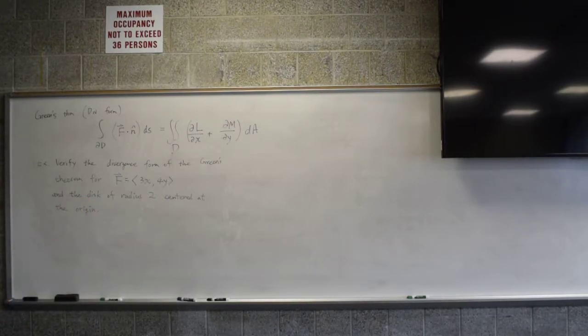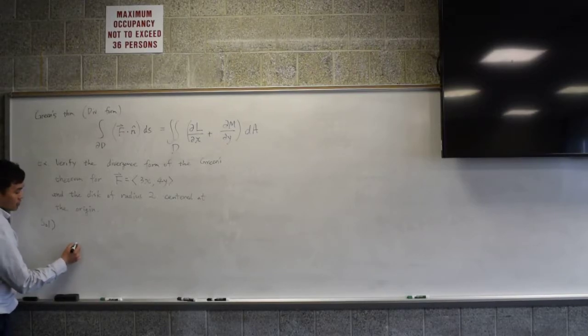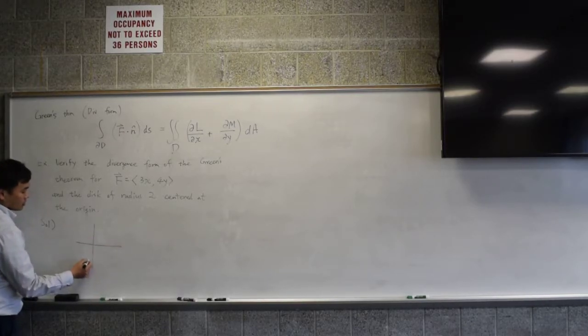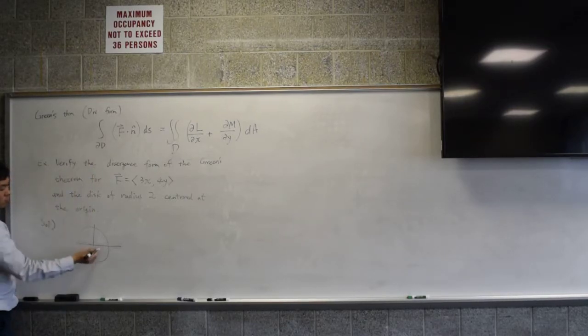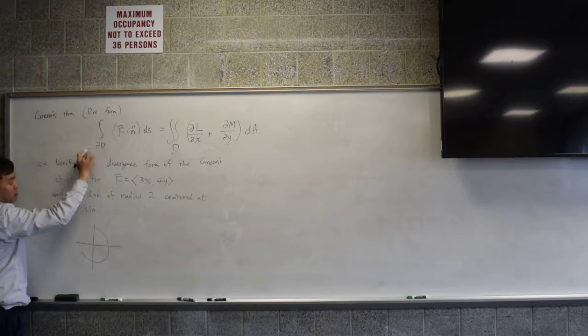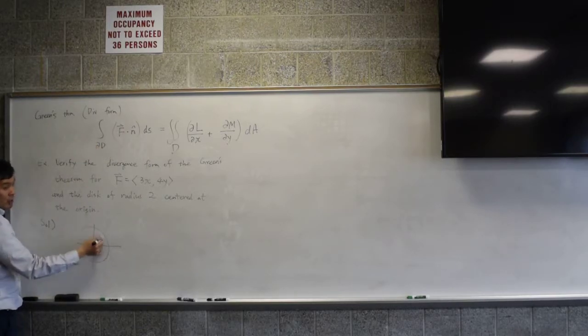Okay. This is the Green's theorem. We want to check that this is indeed true for this context. Okay. Let's try to solve this. Now, in order to calculate the left side, because it's going around the boundary, you have to parameterize the boundary.